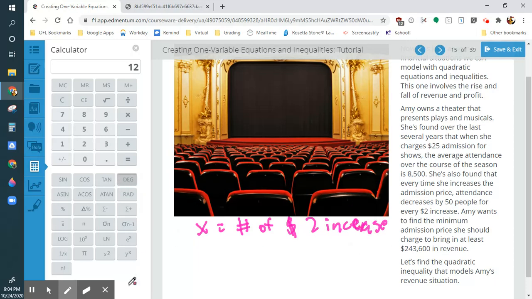If she increases it by $8, X is equal to 4. So it's equal to the number of times she does it this way. All right. So it's going to be the price is 2x. So she's multiplying her price by $2. Oh, sorry. Her current price.